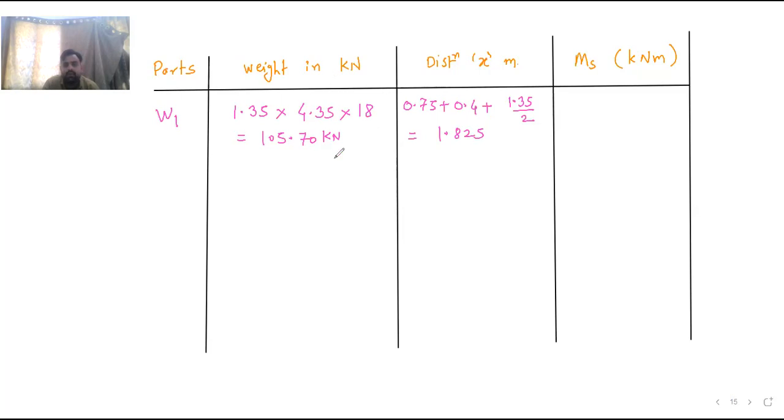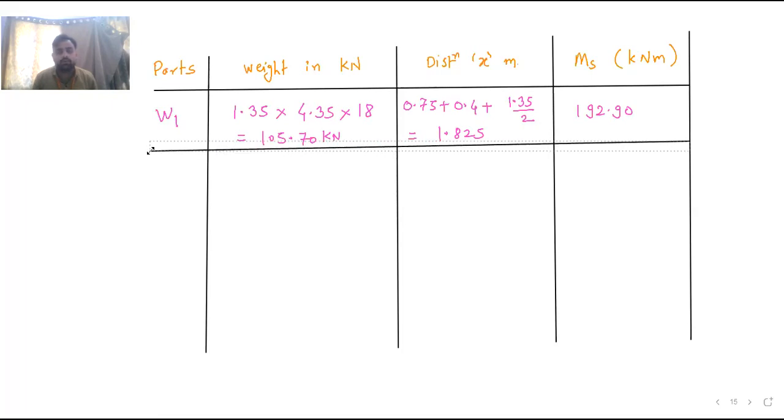Now for the moment, multiply this force into the distance, so you will get the moment. What is the moment? What is the answer? Multiplication gives 192.90. So this is 192.90 kilonewton meter. So this is W1. Similarly, we will go for W2, W3 and W4.